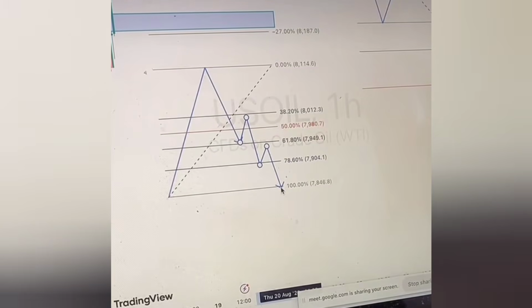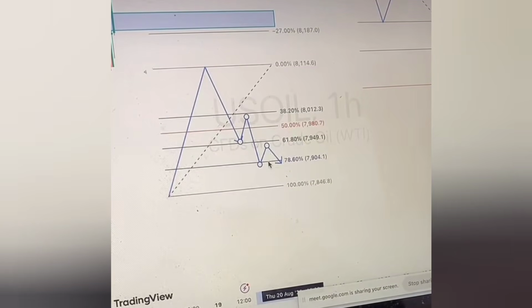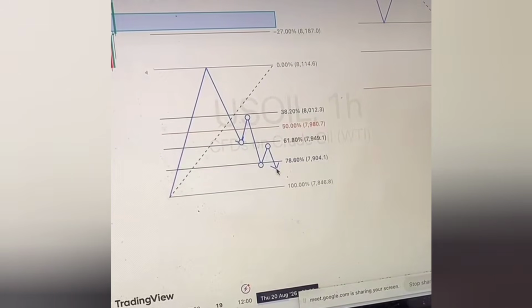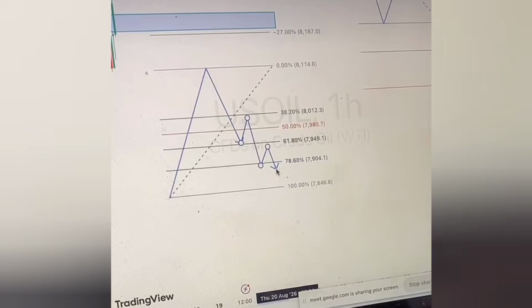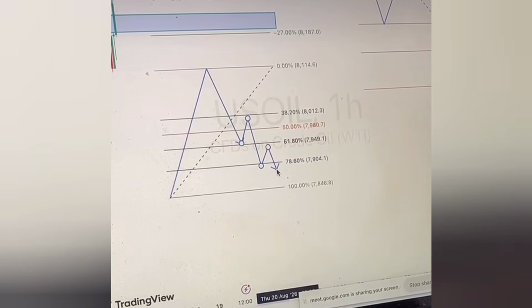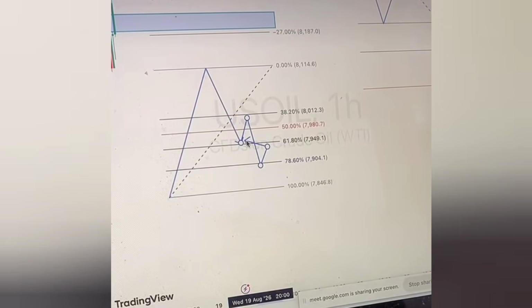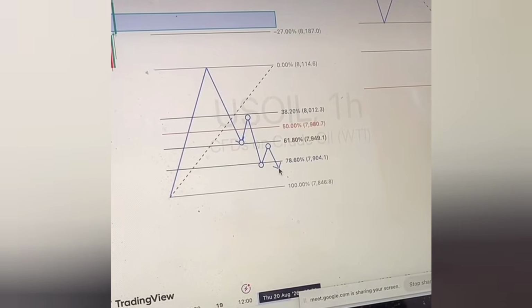So if you had bought from the 78, you would have reduced your loss to only just once, right? Only one time. Yes, because of my stop loss at that 100%. But now that you buy from 61, you have lost twice.